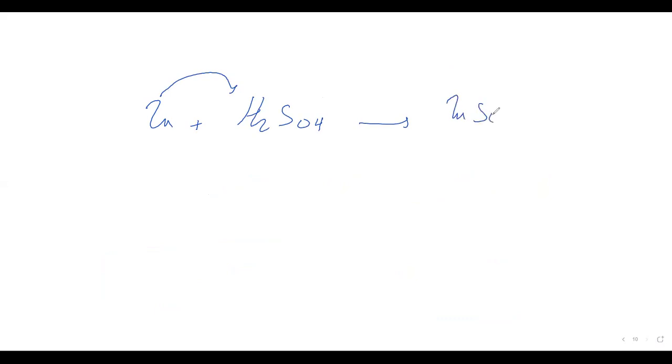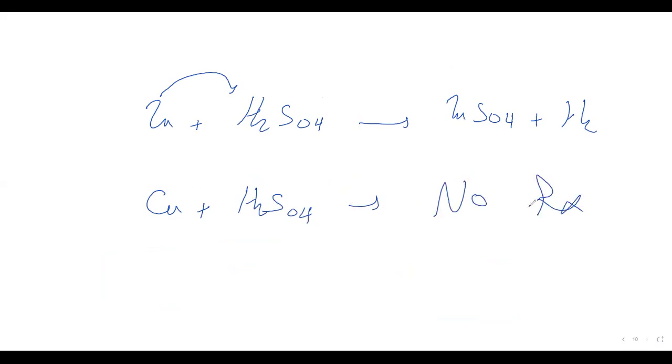It should be ZnSO4 plus H2. While in case of Cu plus H2SO4, no reaction. Explain why. Cu is less reactive, so it cannot displace. So for single displacement, it depends on the reactivity, the strength.